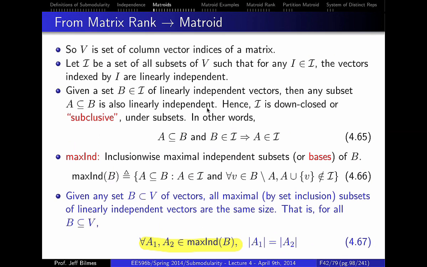Why must that be true in a linear space? Because again, we've got B and it spans some set. It's not necessarily independent, but we have the underlying space that's spanned by B. If we have two maximally independent sets and they're not the same size, this one spans a greater set than the smaller one. So that means there's some vector in there that's not spanned by the first one. We can take it and add it to the first one and make it the same size. And we can keep doing that until they percolate up to being the same size.